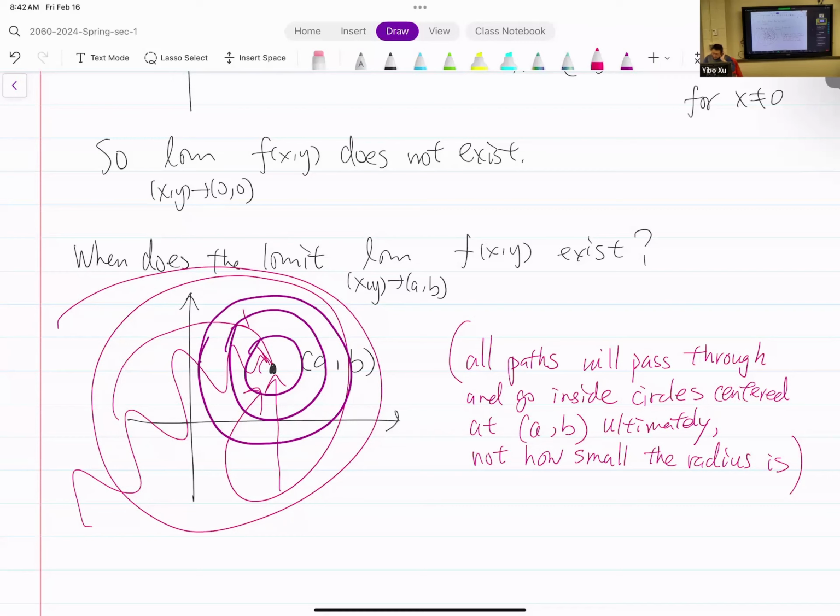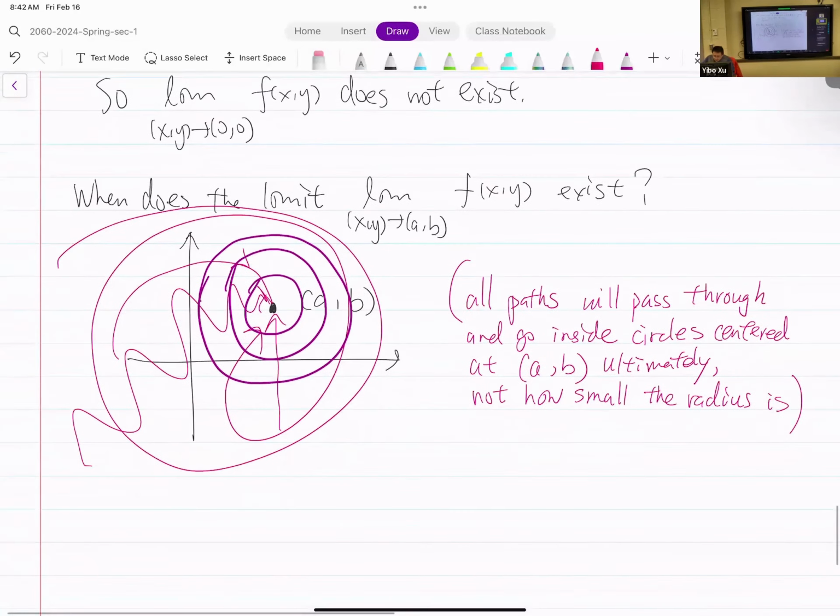Okay. So although the paths can have all kinds of weird directions, it could be something really crazy, eventually it will get close to the point, okay? So it's not really about the paths anymore. When the point is approaching the solid point in black, it will pass all those circles and get close.